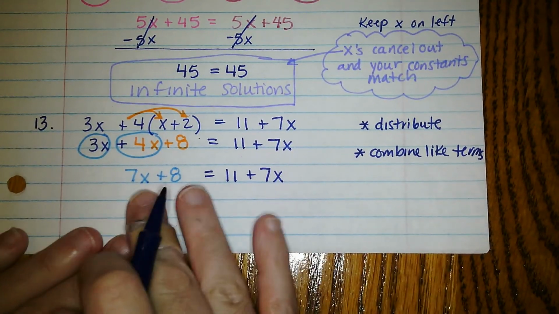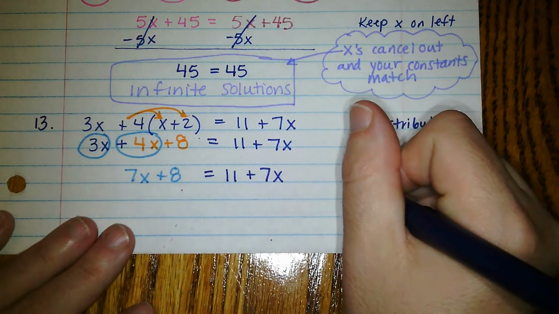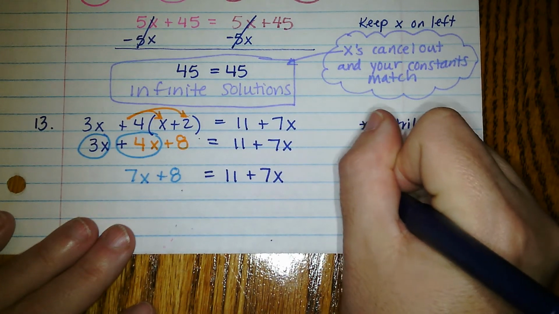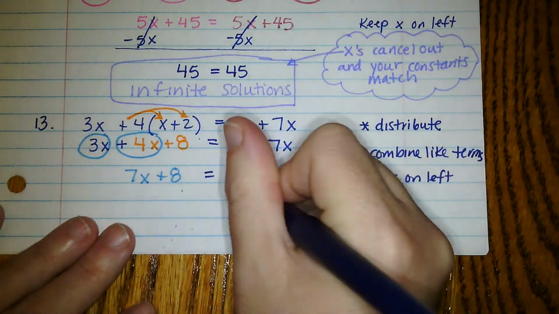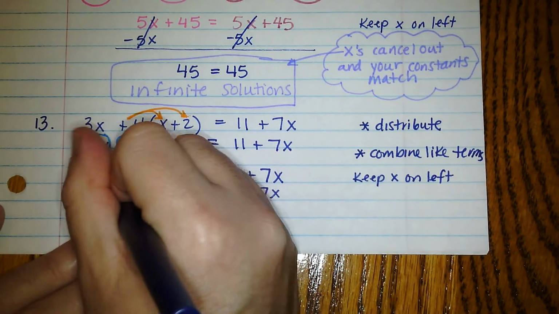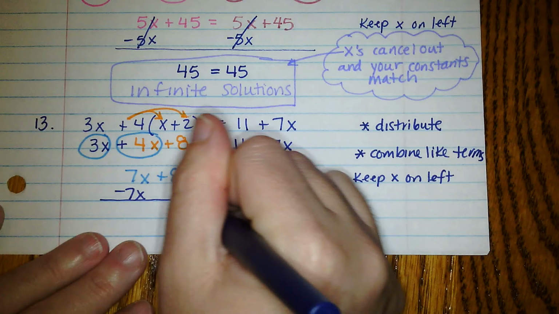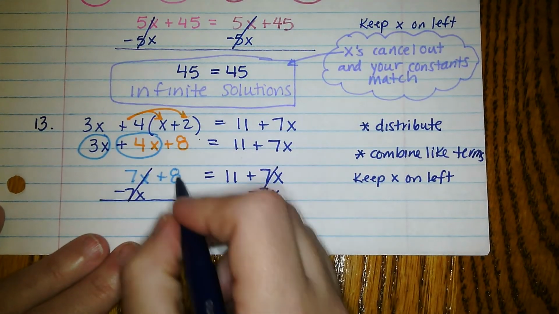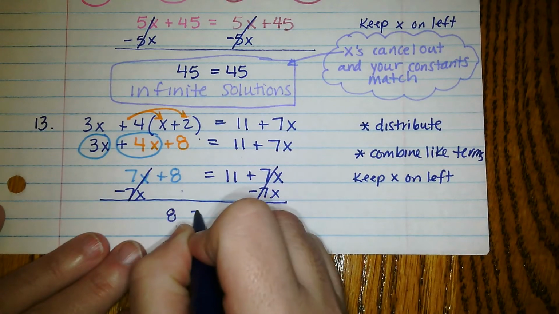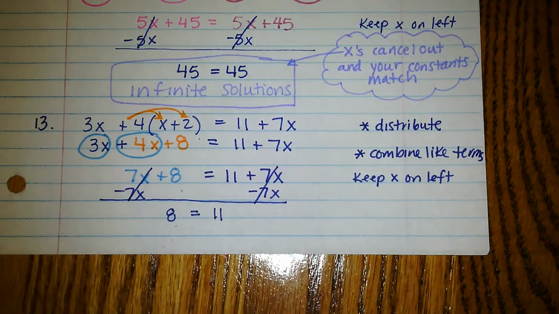Okay, so we have variables on both sides. So what we're going to do is keep x on the left. So I'm going to subtract 7x on both sides. And when I do, this 7x cancels and this 7x cancels. And this says 8 equals 11.